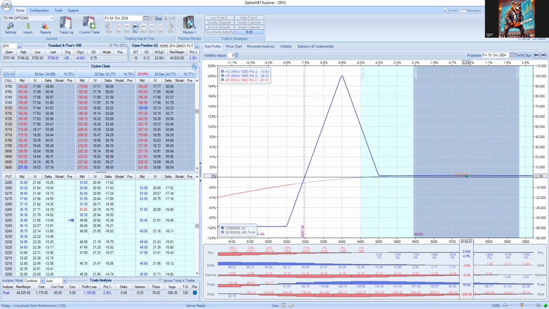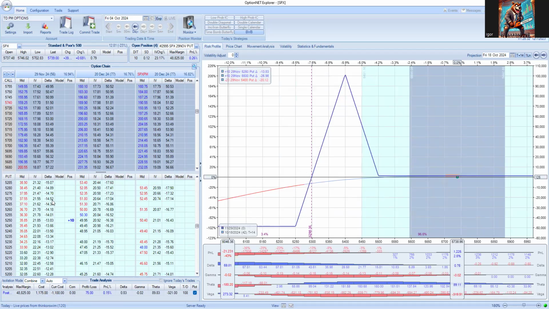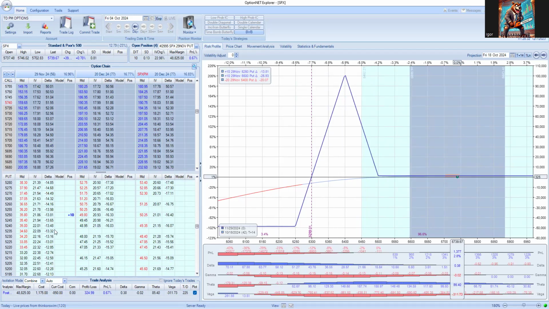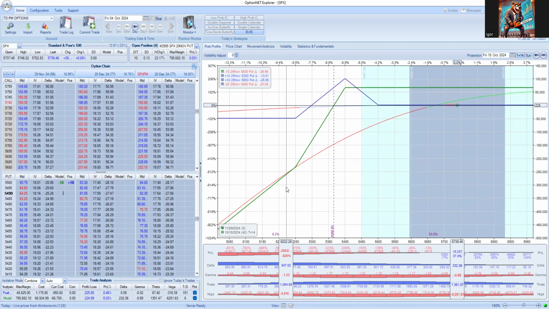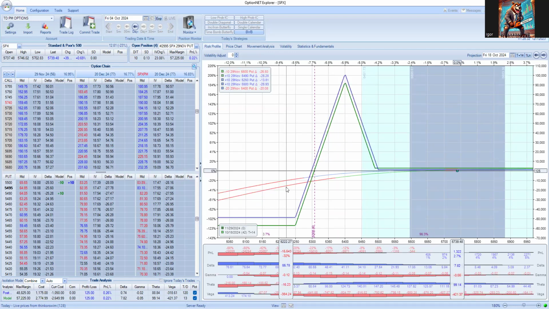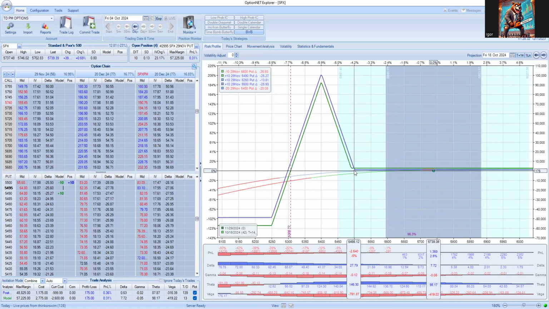We can not only roll the upper longs down, right? We can consider maybe we'll move the longs down 10 points, right? That brings in a credit. Don't worry about the downside. We'll fix that in a second. So we roll the upper longs down.